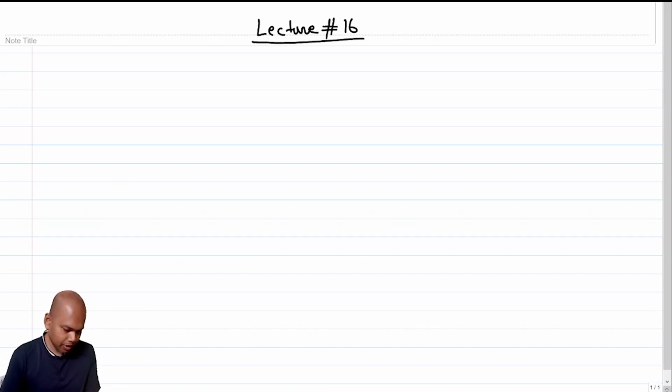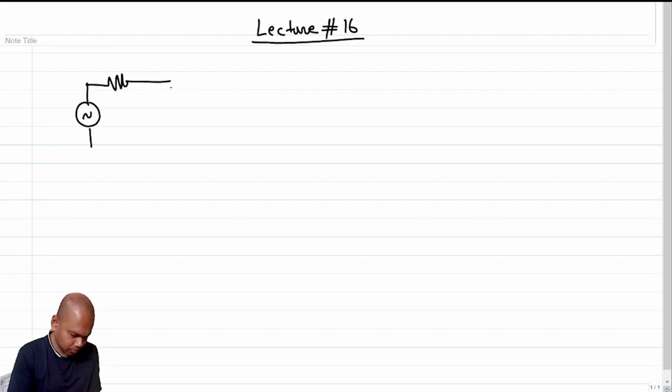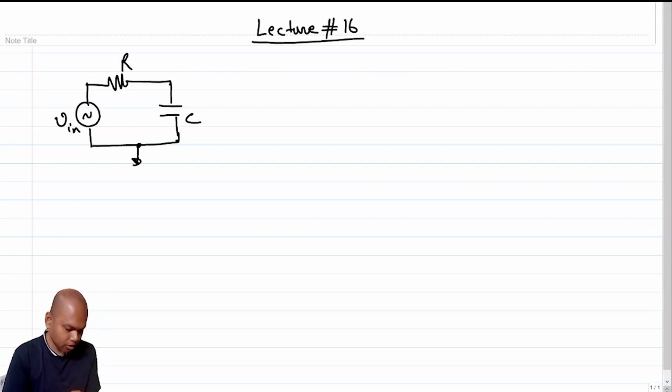So let's continue our discussion on thermal noise, and let's start off again with the simplistic RC network that we were discussing in the previous lecture. Again, let's say this is an RC network, and this is a signal source.